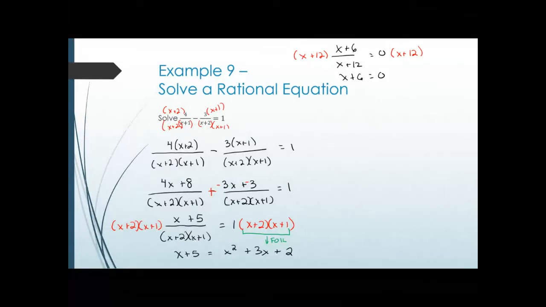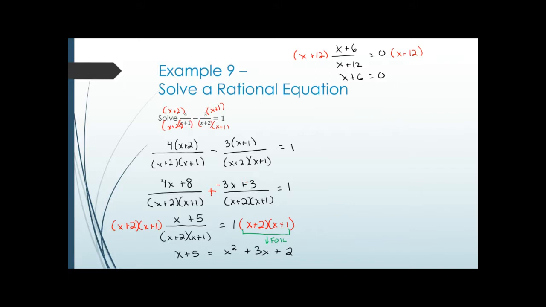Okay. So I have x plus 5 equals x squared plus 3x plus 2. Again I have a quadratic, so I need to get everything on one side so that I can either use the quadratic formula or factor, and I like to have a positive x squared.